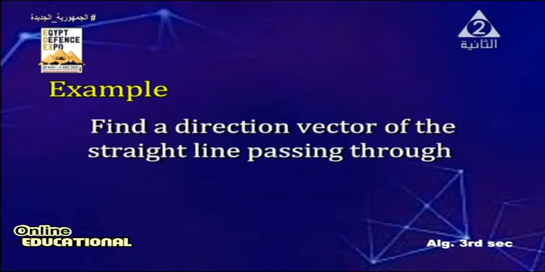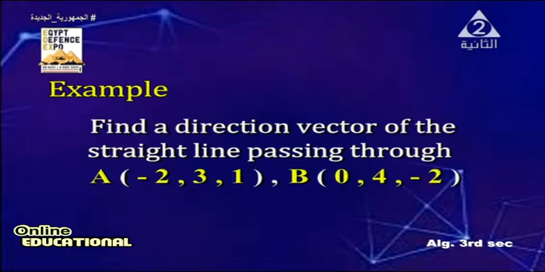Example. Find the direction vector of a straight line passing through the points A, negative 2, 3, 1 and B, 0, 4, negative 2. My dear student, we know that the straight line passes through 2 points A and B. Then AB vector equals B minus A, point B minus point A. This is called the direction vector AB.